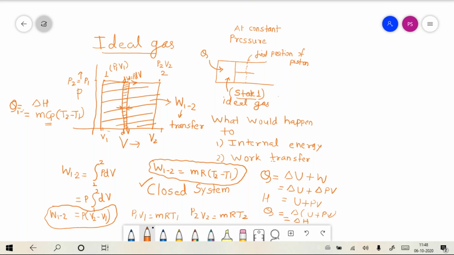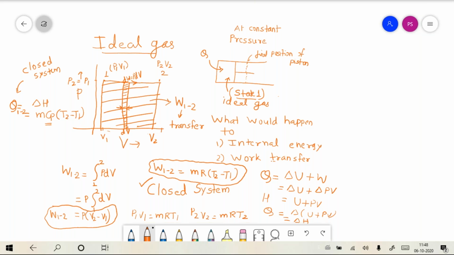So the expression for heat transfer during a constant pressure process undergone by a closed system is Q equal to mCp (T2 minus T1).